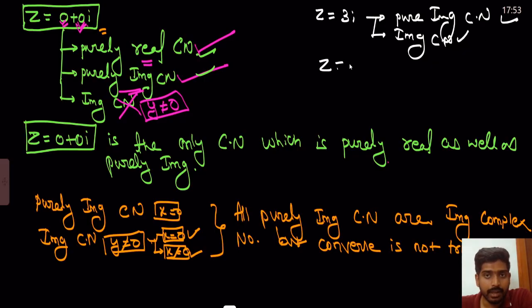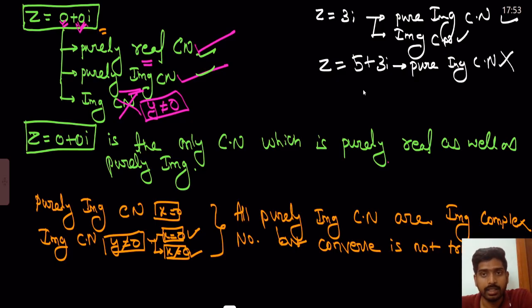But if I take one number as z equal to 5 plus 3 iota, is it a purely imaginary complex number or not? It is not purely imaginary. But is 5 plus 3 iota an imaginary complex number or not? Yes, it is an imaginary complex number.